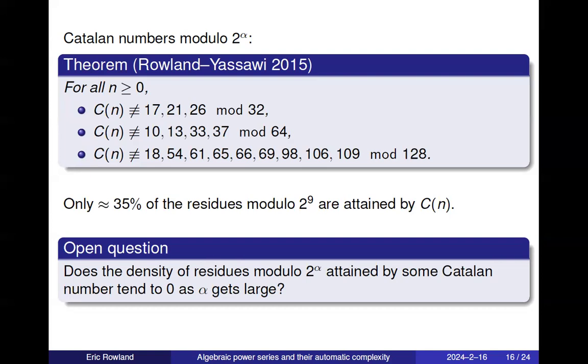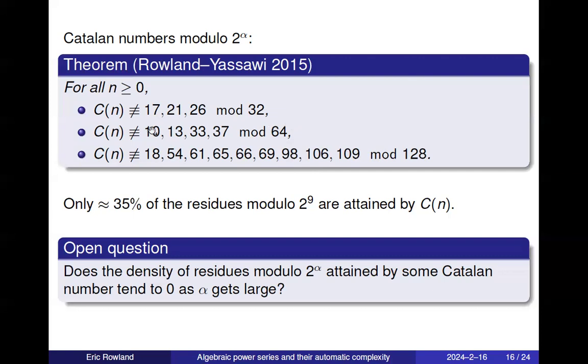Is it known that the other residues are hit? Like mod 32? Yes, we computed the automata. If no Catalan number is congruent to 17 mod 32, that also knocks out 2 residues mod 64, so I'm not duplicating those here.